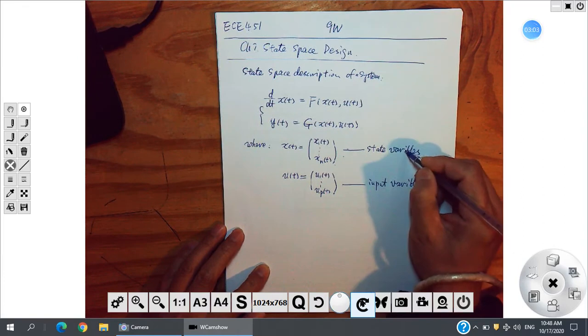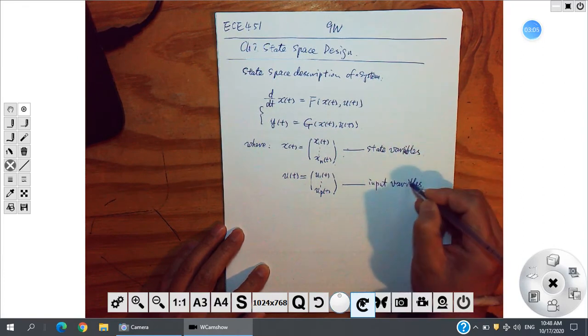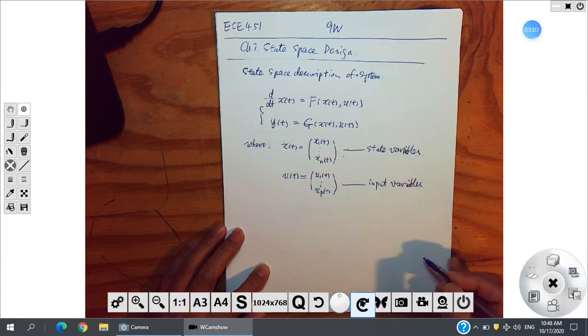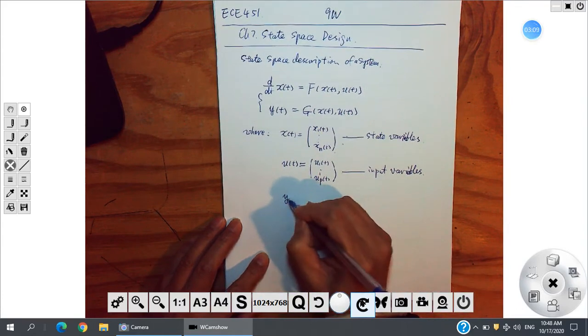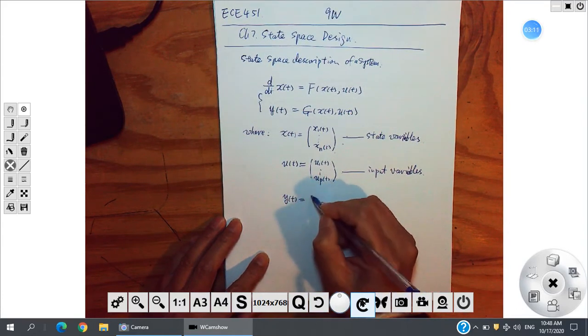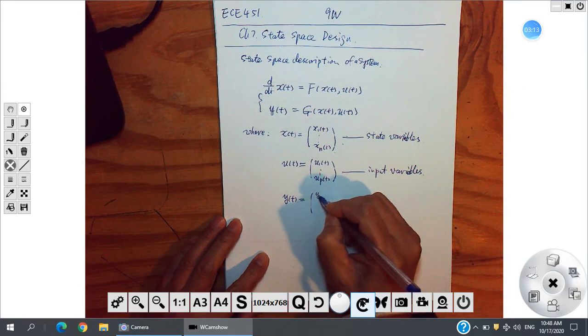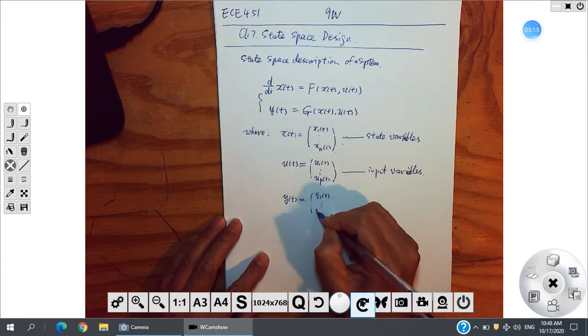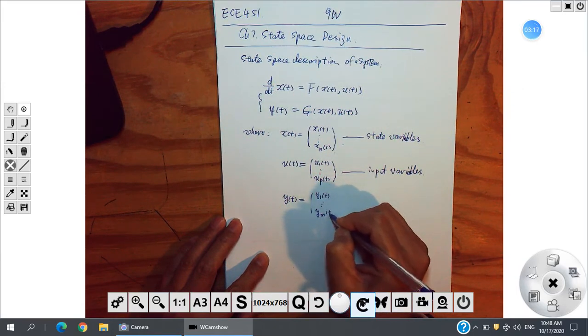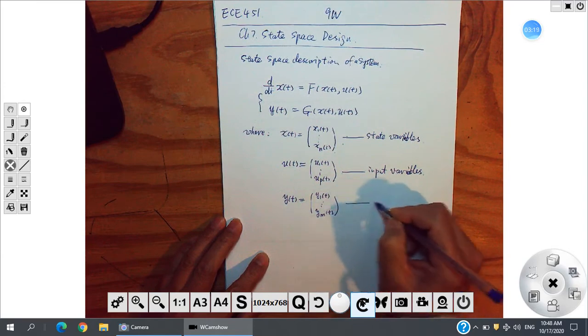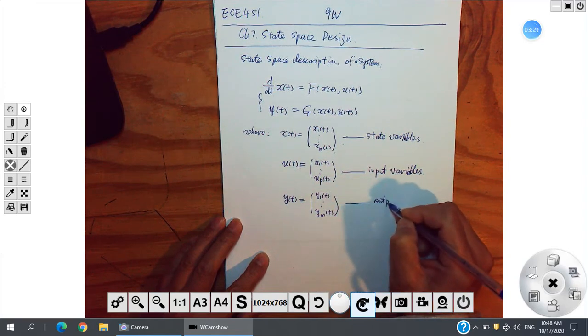And y is also a vector, y1 of t until ym of t. They are the output variables.